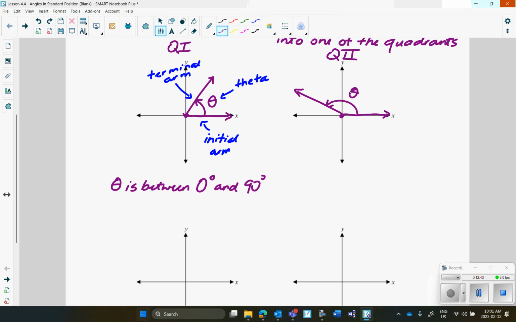Starting from 90, not including, all the way to 180. So theta is between 90 and 180. And you can see the pattern we're going to continue with quadrants 3 and 4, which are down below.